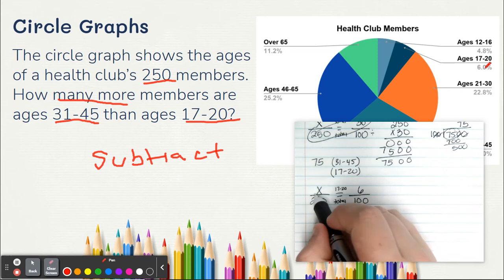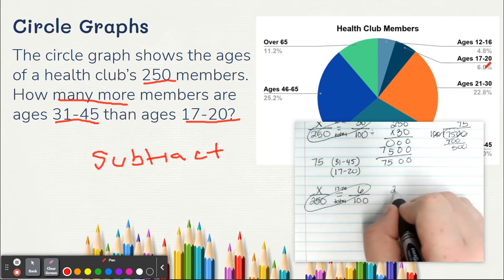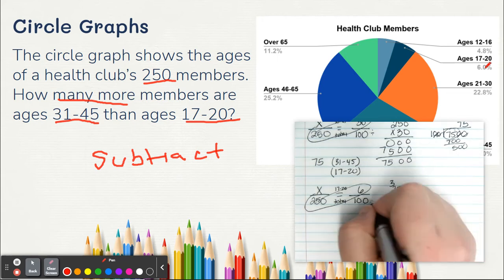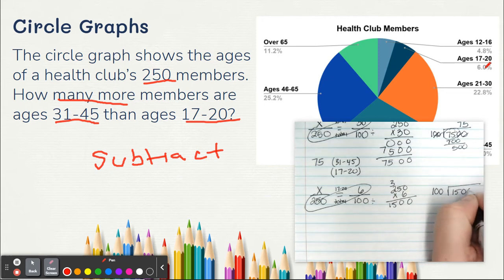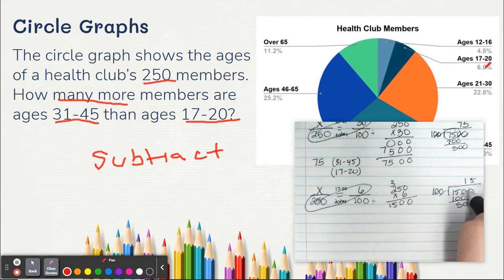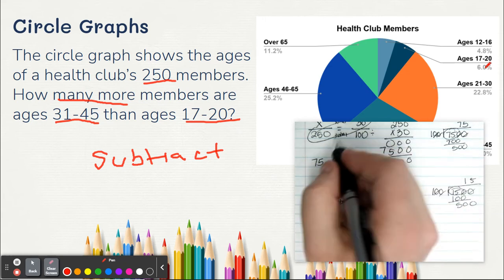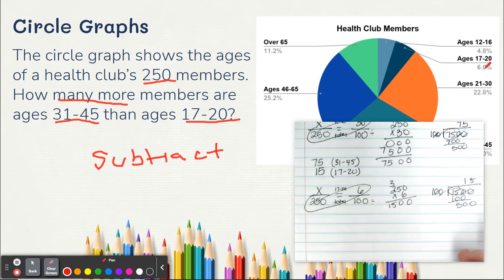And now I'm going to do 250 times 6, which is 1,500, and then divide by 100. The same thing, cross off the two zeros, and I get 15. So there's 15 17 to 20-year-olds.